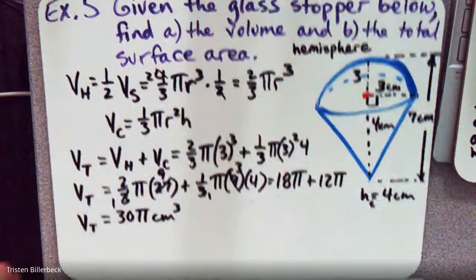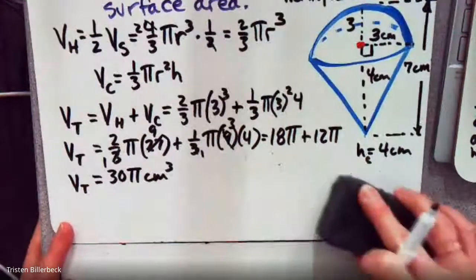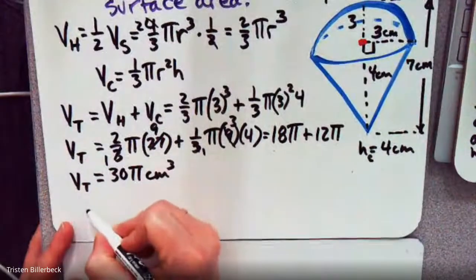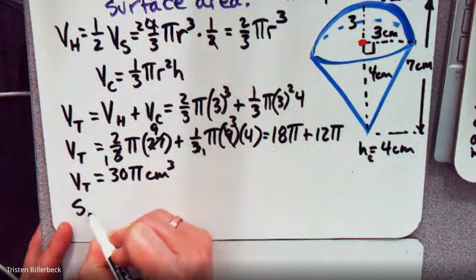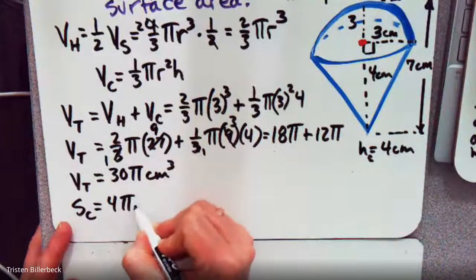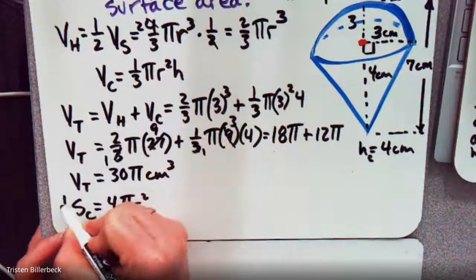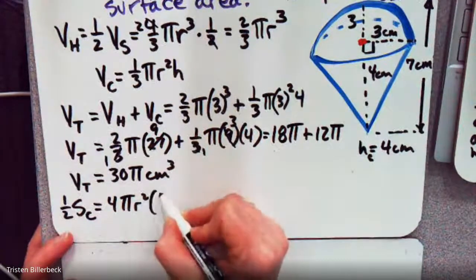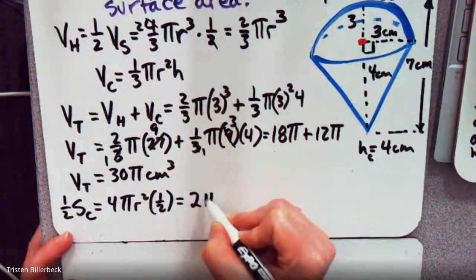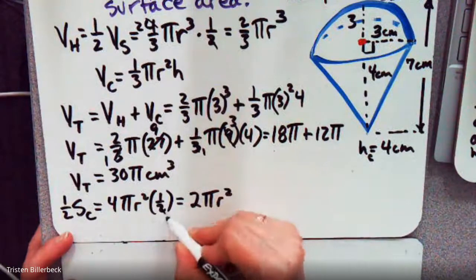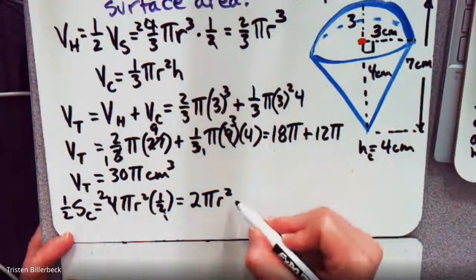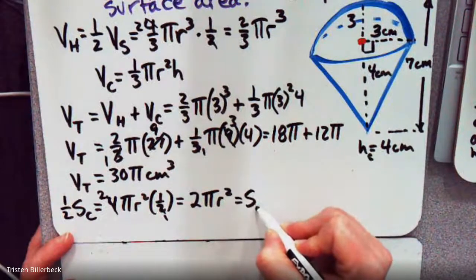The surface area of a sphere is 4 pi r squared, but we're only doing half of it. So we have 2 pi r squared, because if we reduce that, that's a 2. So this is the surface area of a hemisphere.